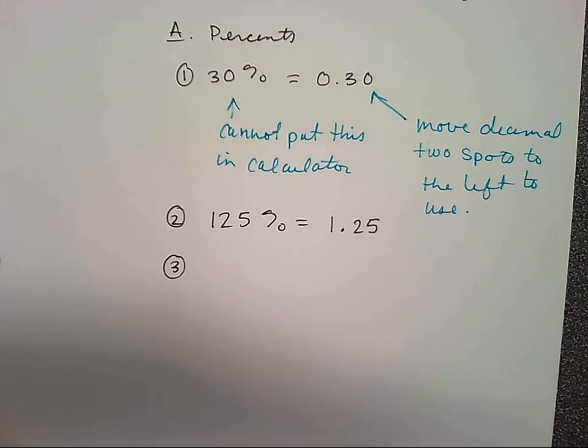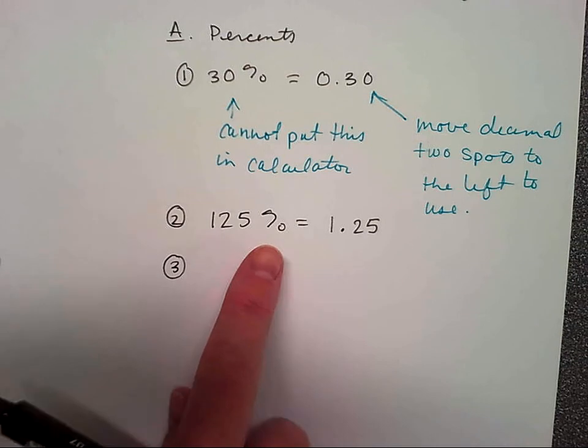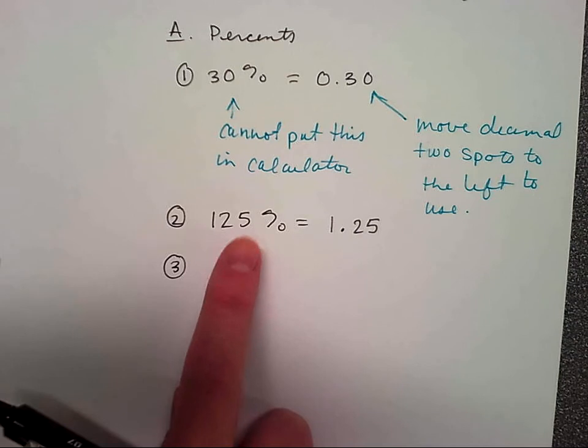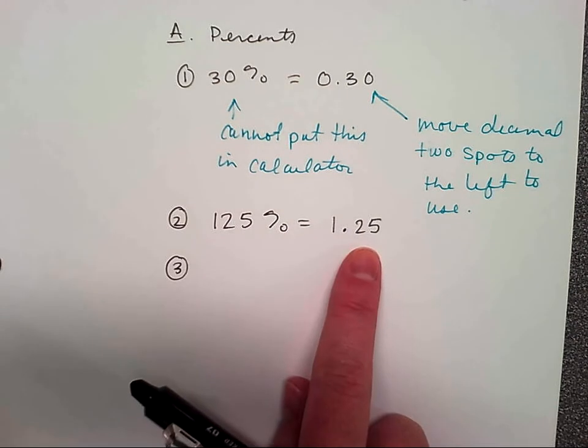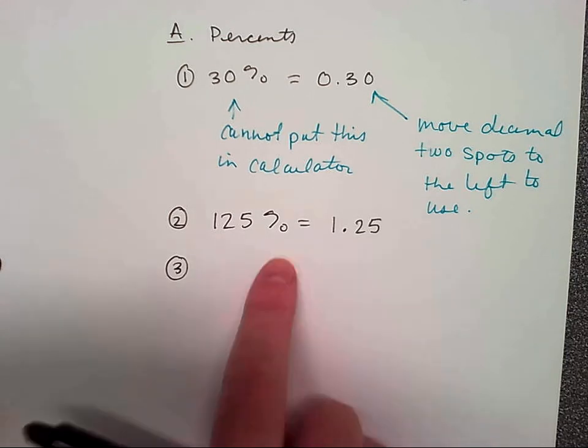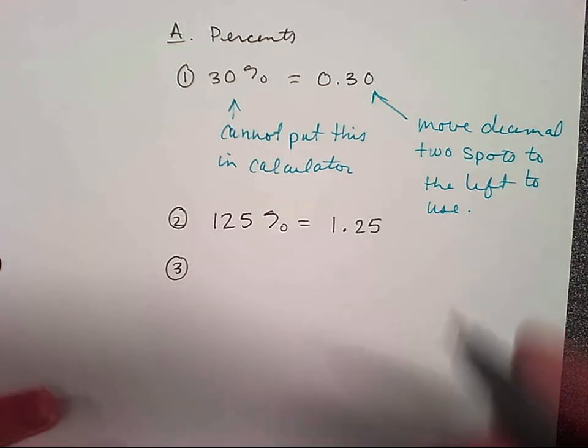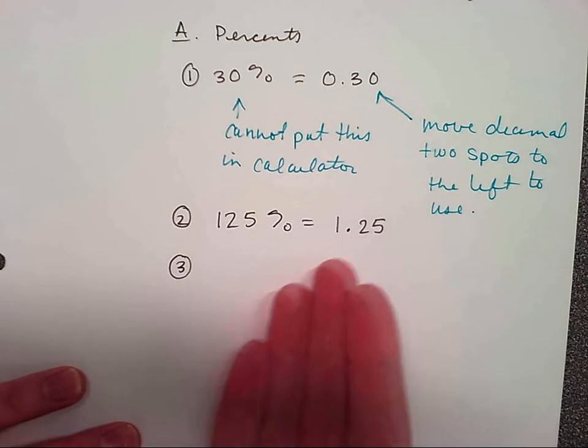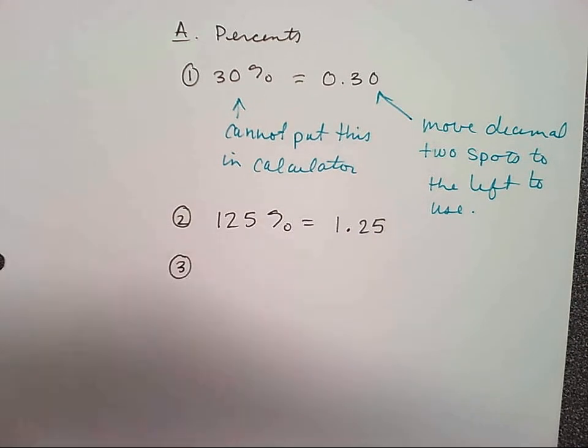If you have to do stuff on the computer, in spreadsheets, databases, Excel, you have to use the decimal. Unless you want to type in the percent, which is kind of dumb. Just write it like this instead of finding a thing for it.